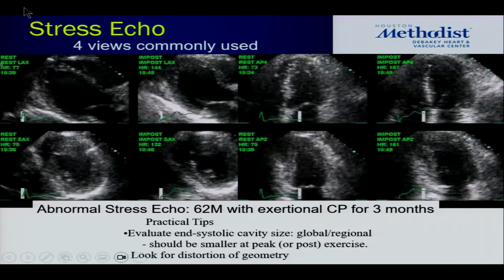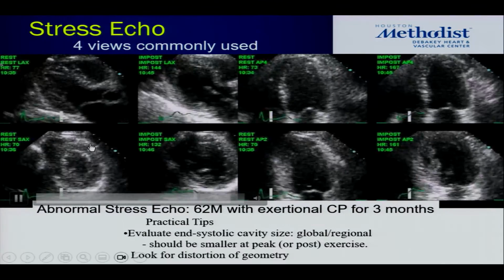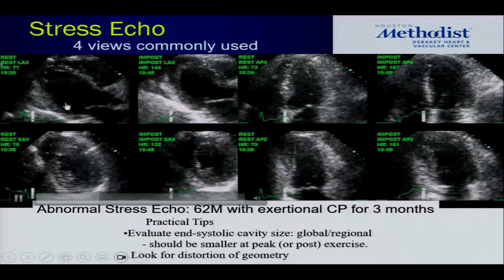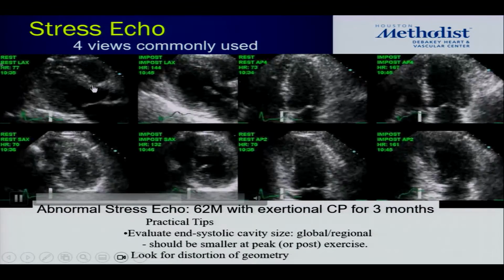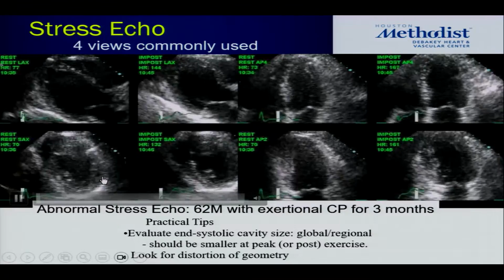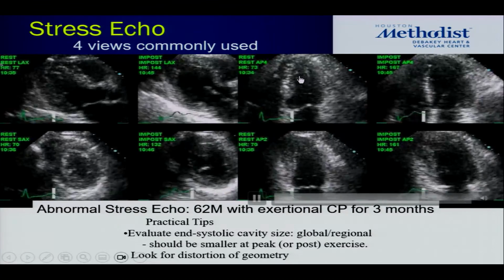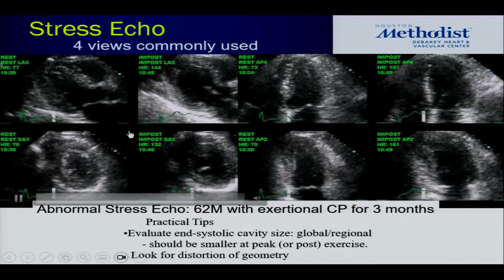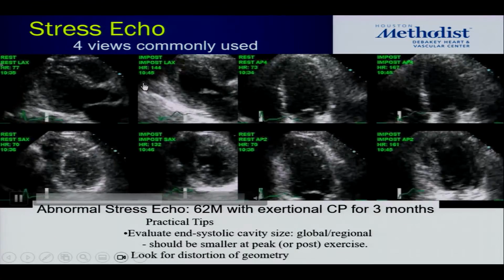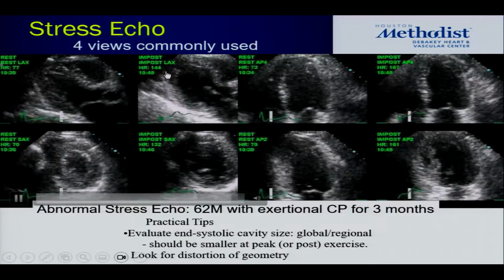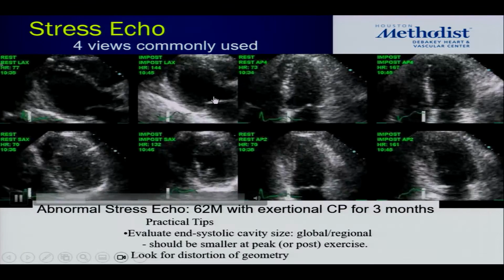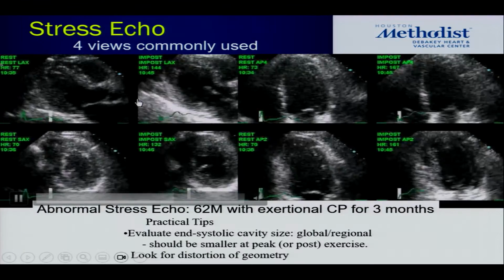At rest, we can see that in the parasternal long and short axis views, the heart contracts well, the ejection fraction appears normal, every segment is contracting well, and the same can be said for the 4-chamber and the 2-chamber view. Now notice that immediately after exercise, when the patient lay down, number one, the end systolic cavity looks bigger.